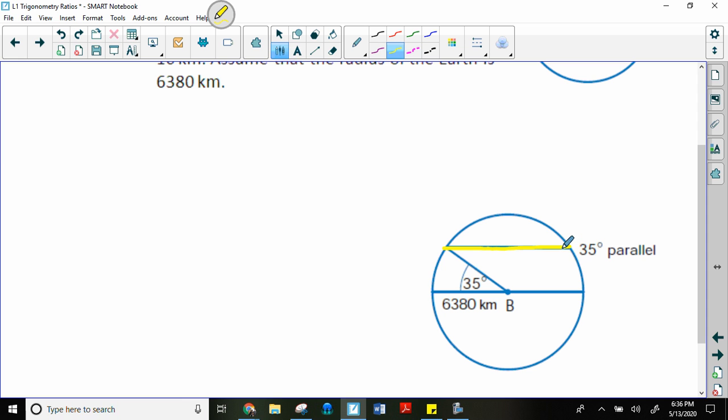Okay. So my first thought was automatically radius, diameter. Maybe that's what I have to work with to find this answer. But because this parallel is not going through the center of the circle, I can't just divide this by 2 to make the radius and diameter. So that idea's out. Then I thought of trying to create some right angle triangles because we're in a right angle triangle unit.